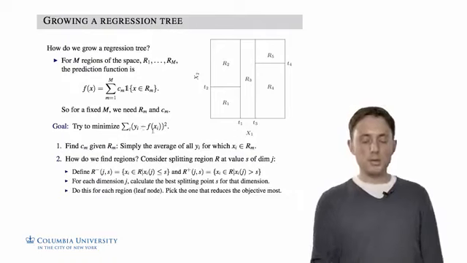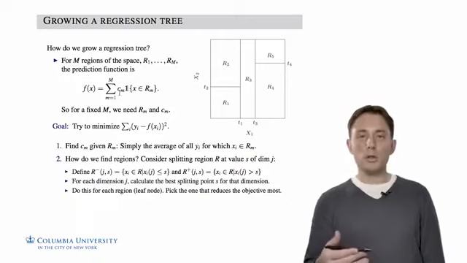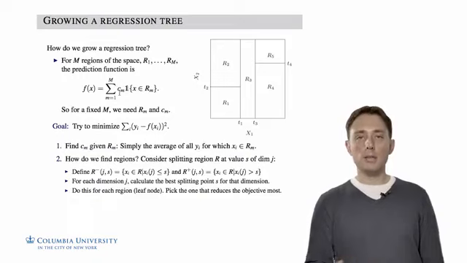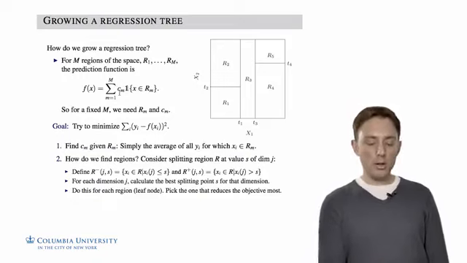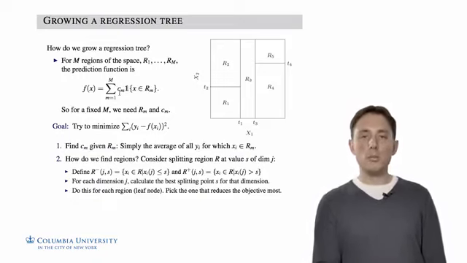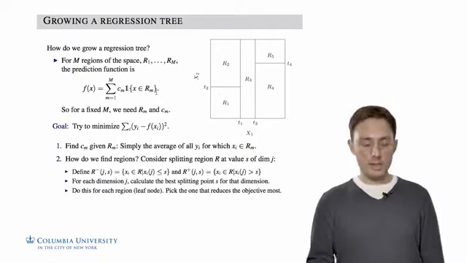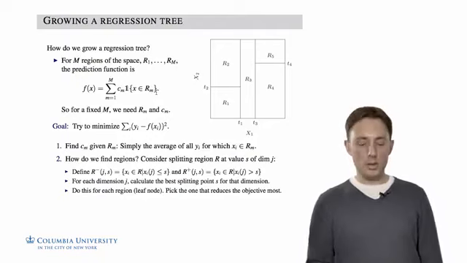And so it's straightforward to show that to find the optimal Cm, we simply average the corresponding outputs for all of the data that are in that same region. So we look at all of the data, we say which of those data points fall in region Rm. We then take their corresponding outputs, y, in the training set, and then average over those outputs. That's how we can minimize the sum of squared errors.